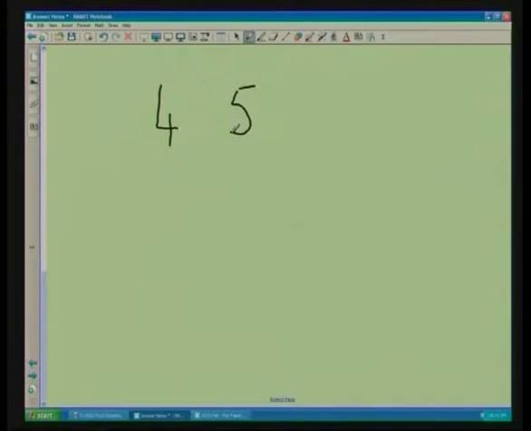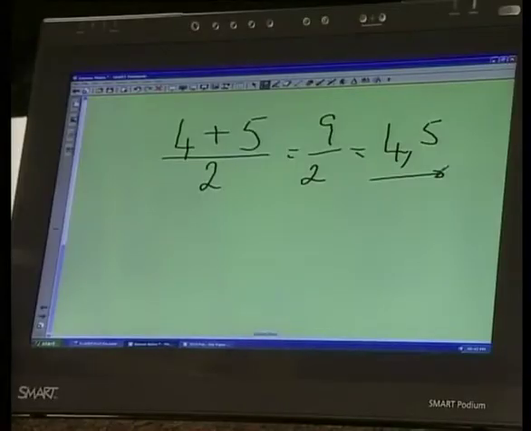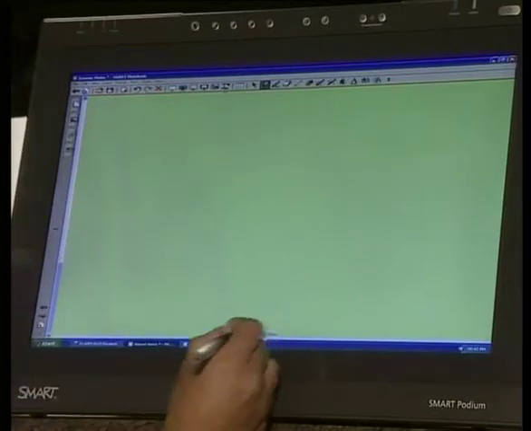I want to find the mean of them. To find the mean, we add and we divide by the number of figures I've got. So I'm going to land up with 9 over 2, which, as we know, should be 4.5. If you don't get 4.5, throw your calculator away and buy yourself a new one. Next question.